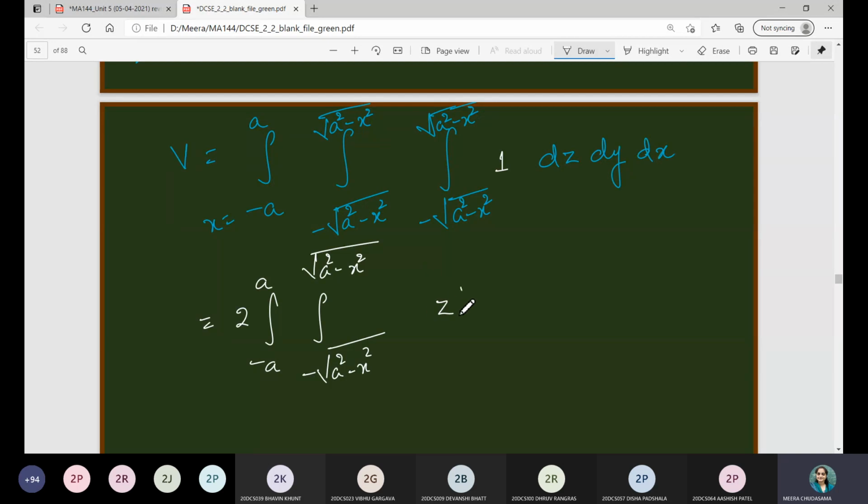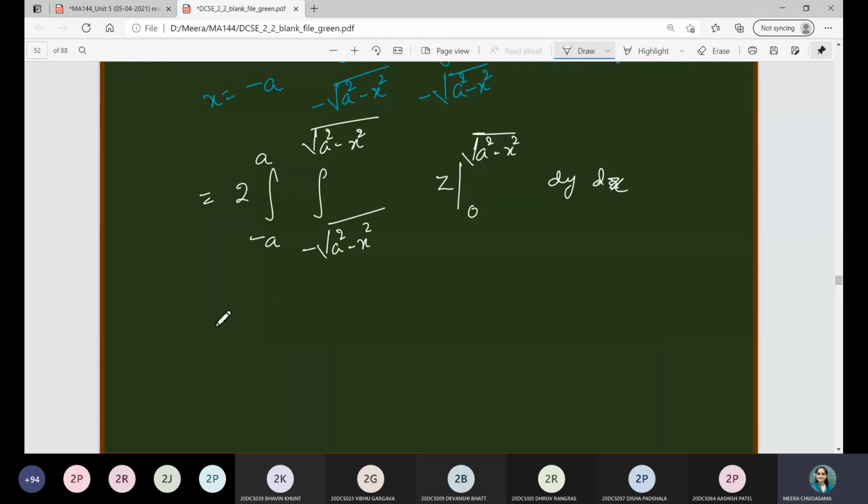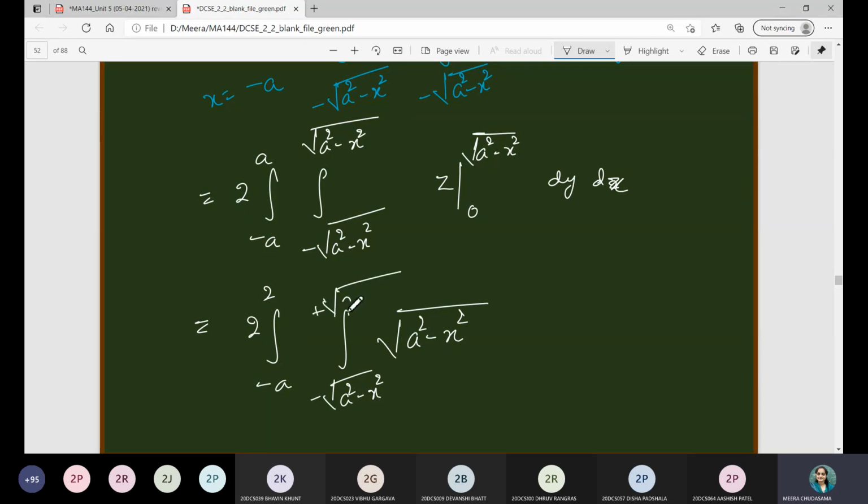Integration is z, so I am directly writing that quantity dy dx, that is equal to 2 times, from minus a to a, it will be a square minus x square, with limits minus square root of a square minus x square to positive square root of a square minus x square, dy dx.